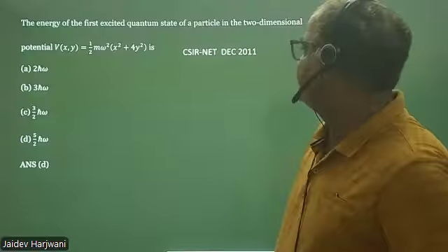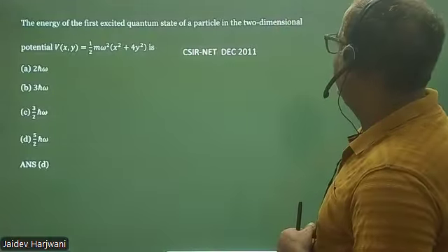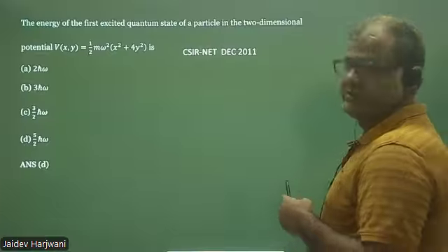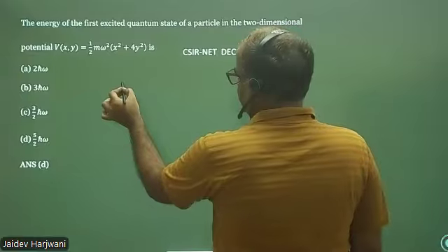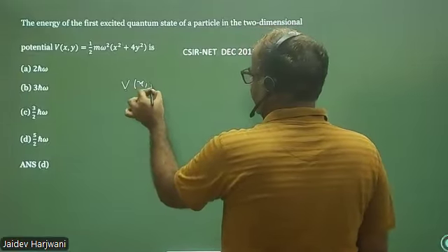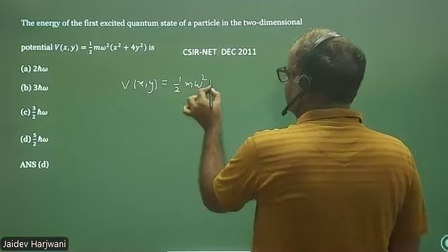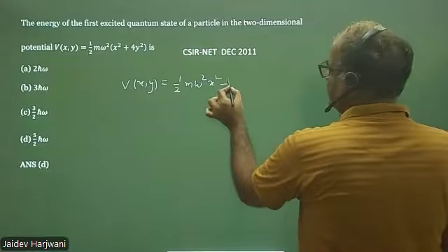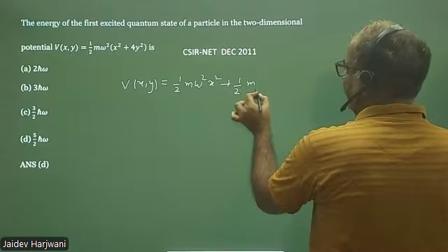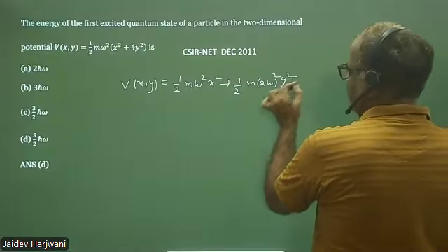Topic is quantum mechanics. So in this problem, you have been given a two-dimensional harmonic oscillator potential, and they are asking what is the energy of the first excited state. So the potential, two-dimensional potential V(x,y) can be written as half m omega square x square, and the second term I can write half m 2 omega square y square.